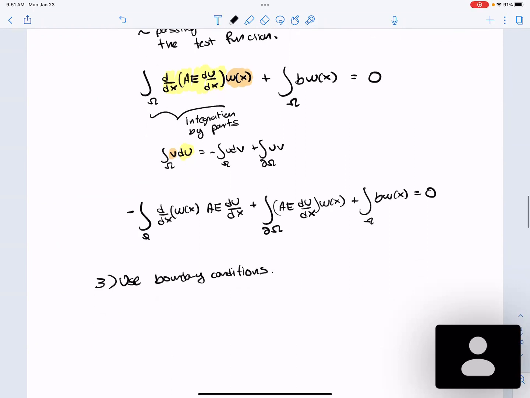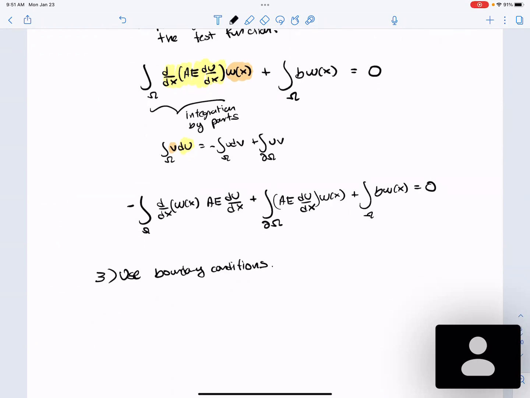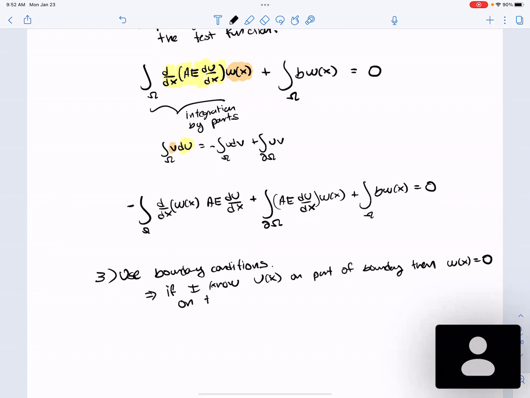This you just have to know, and it's going to look arbitrary, but if I know u of x on part of the boundary, then w of x equals 0 on that part of the boundary.